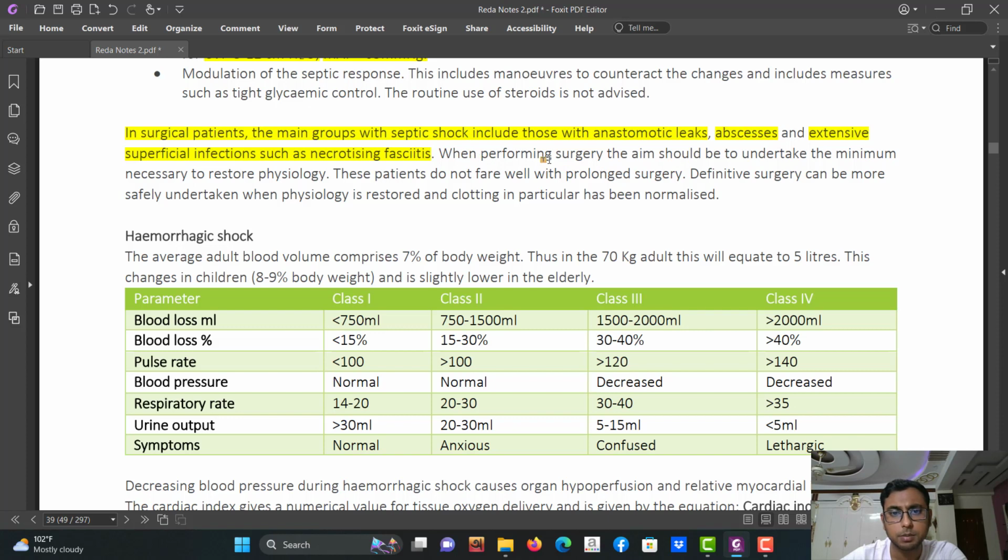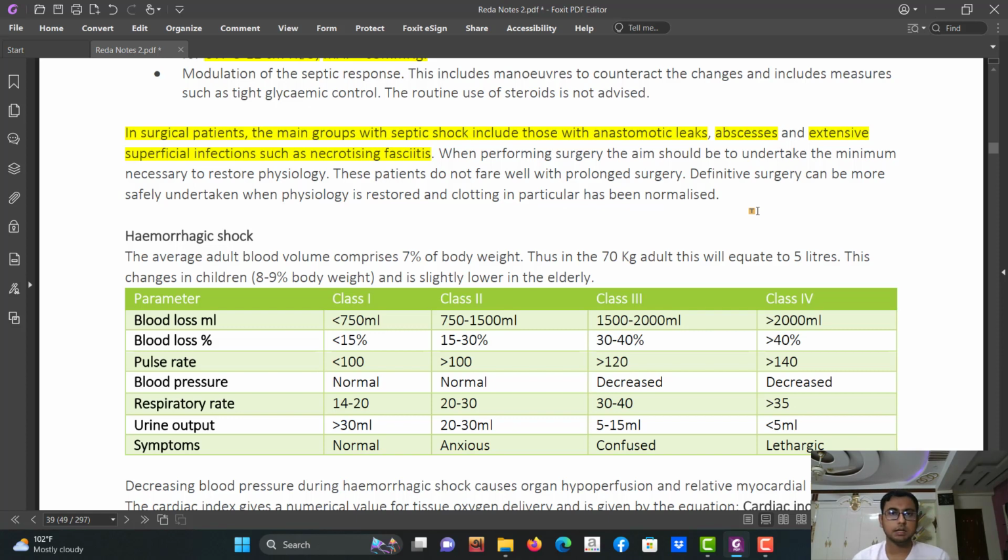So when performing surgery, the aim should be to undertake the minimum necessary to restore the physiology. These patients do not fare well with prolonged surgery. Definitive surgery can be more safely undertaken when the physiology is restored. Clotting in particular has been normalized.